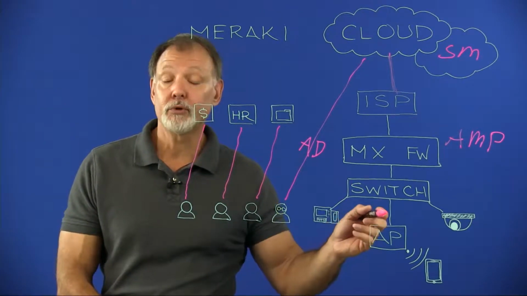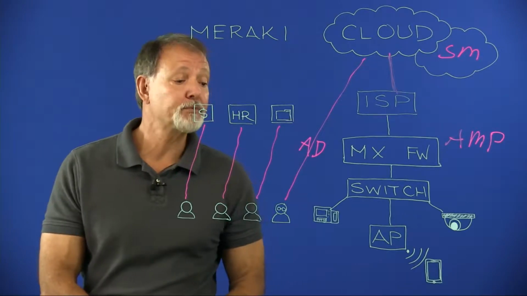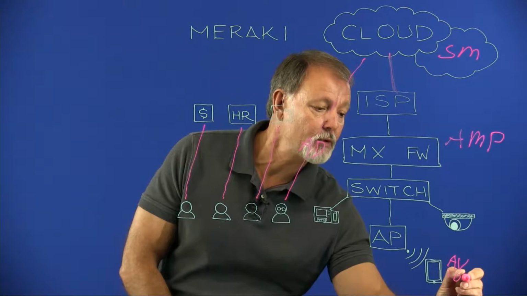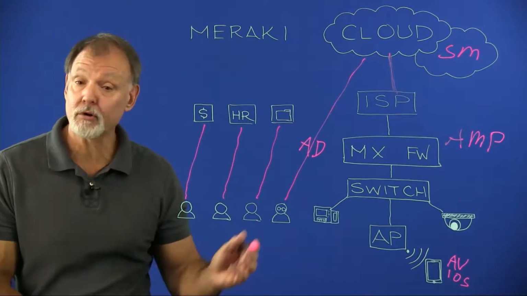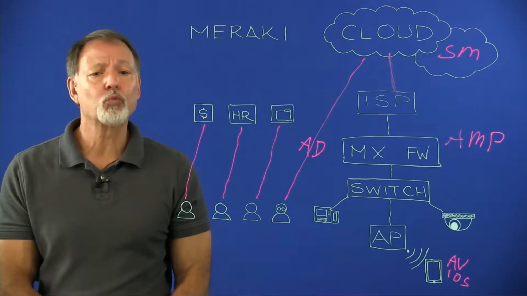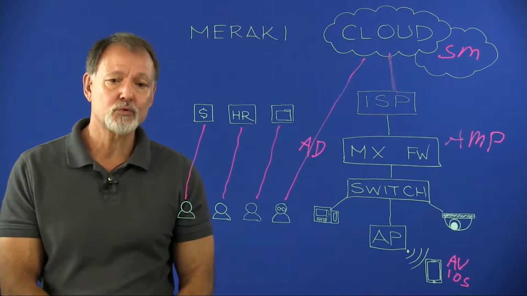So you'll be able to ensure that they have the most up-to-date antivirus software, for example, that they're running the most recent iOS software, that they're not jailbroken. And you can even control the applications that run on these devices as well.